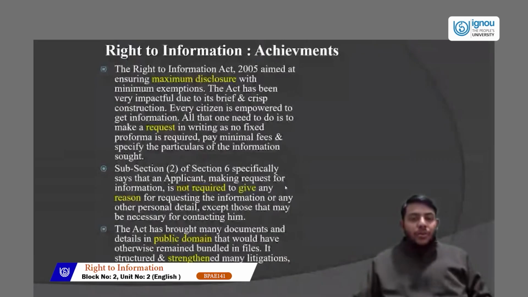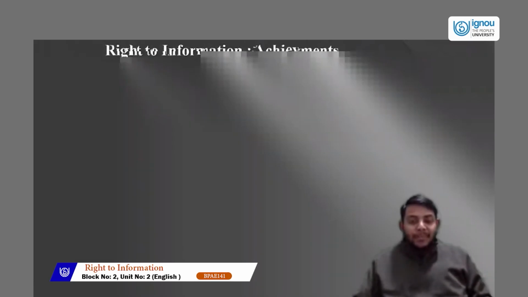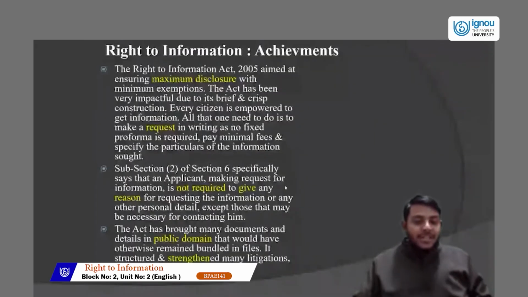And all that one needs to do is make a request in writing, as no fixed pro forma is required. The fee is also minimal, and one has to specify the particulars of the information that one is seeking. And subsection 2 of section 6 specifically says that an applicant making a request for information is not required to give any reason for requesting the information.